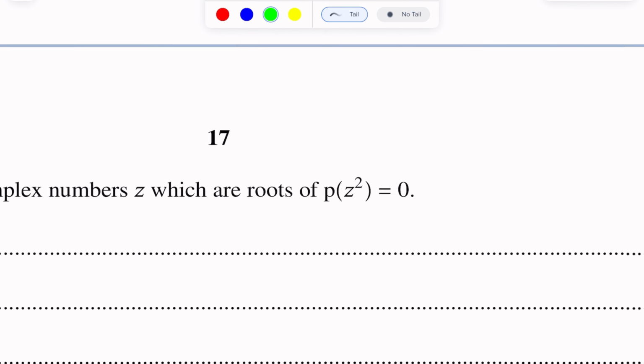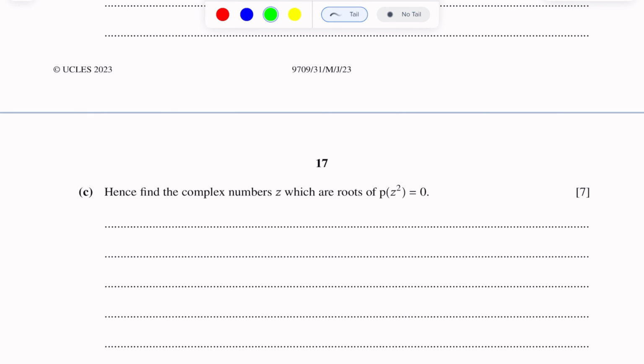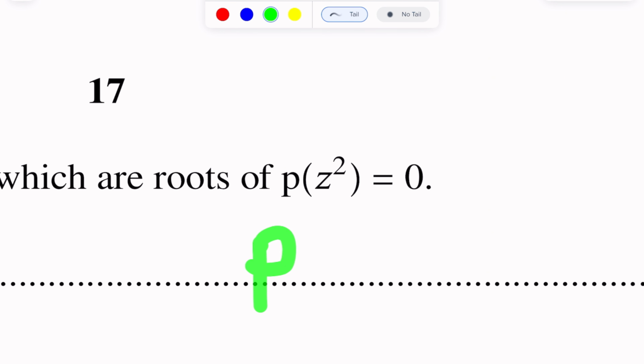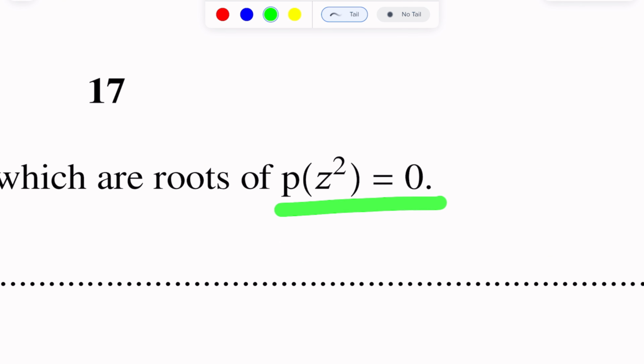We have to find z, which are complex numbers. Now here the polynomial of z square, not z but z square, is equal to 0.